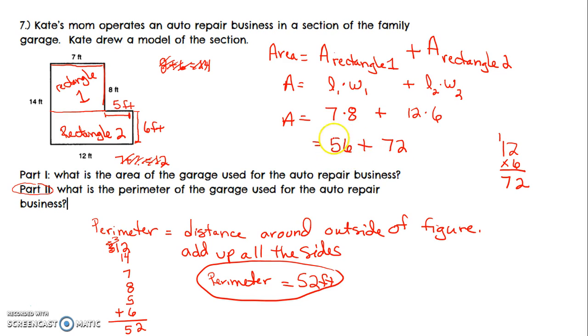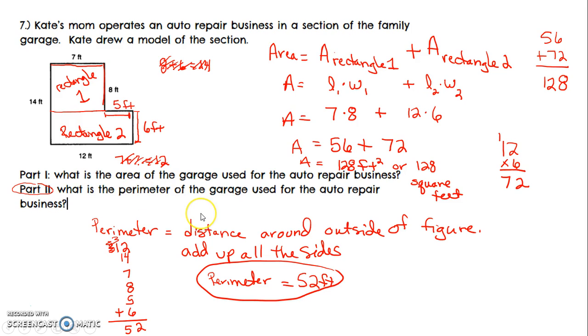So you have to add 56 and 72. 6 and 2 is 8. 5 and 7 is 12. So the area must be 128 feet squared, or you can write it as 128 square feet.